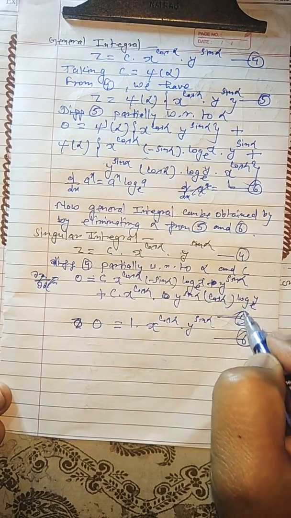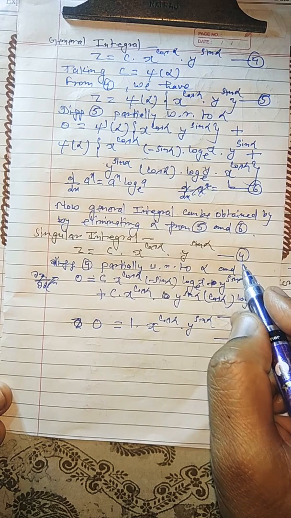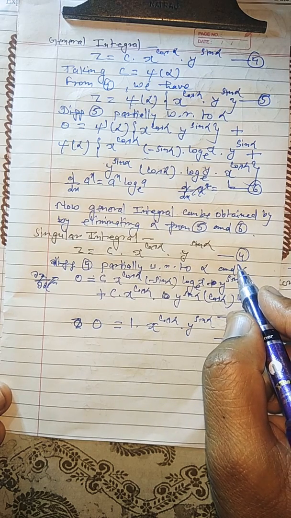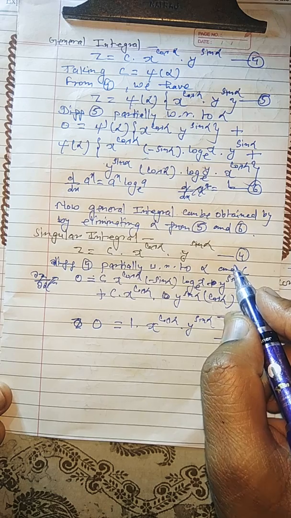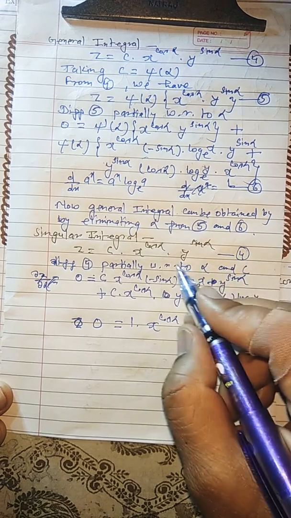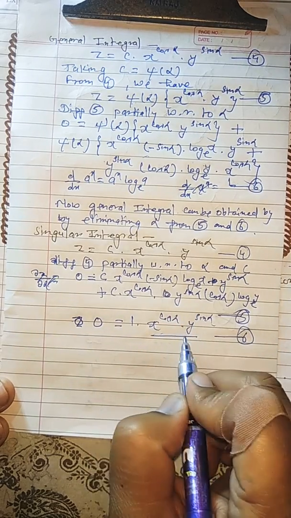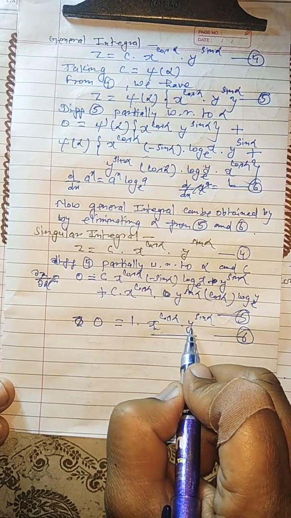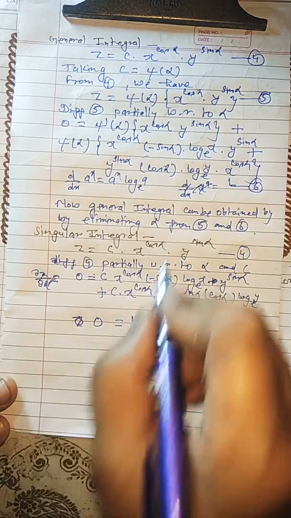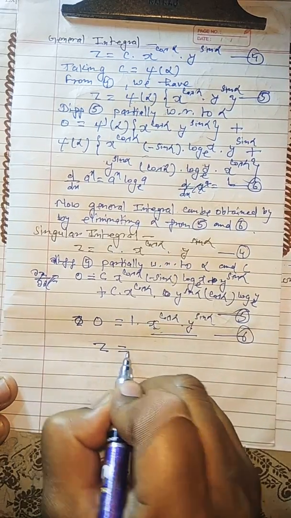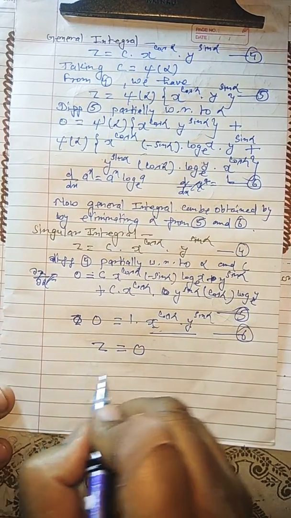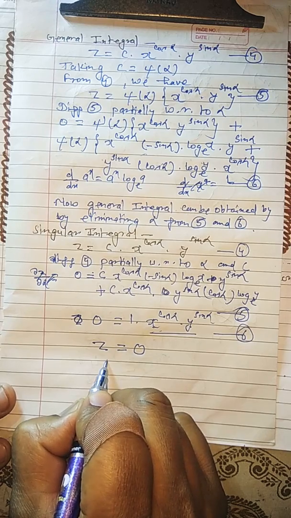Now we have to eliminate alpha from these three equations. We can simply put the value of x to the power cos alpha, y to the power sin alpha in 4. We get here z equal to 0, which is the required singular solution.